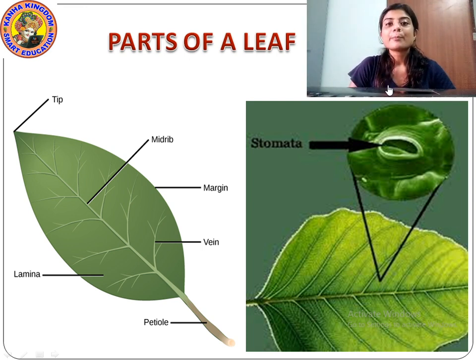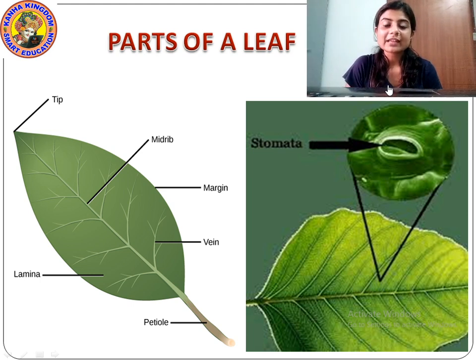Then the base of the leaf is called the leaf blade or lamina. And the middle part of the leaf is called the midrib. The veins that you can see coming out from the midrib are called veins, through which water, minerals and food substances are transported.